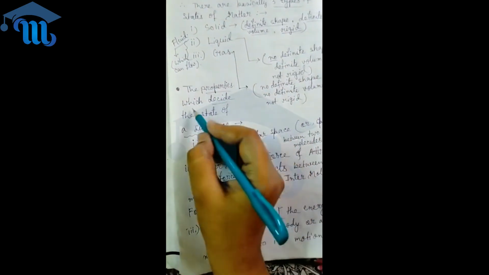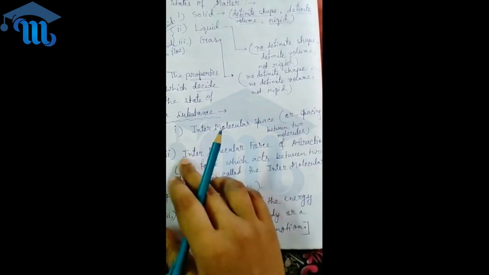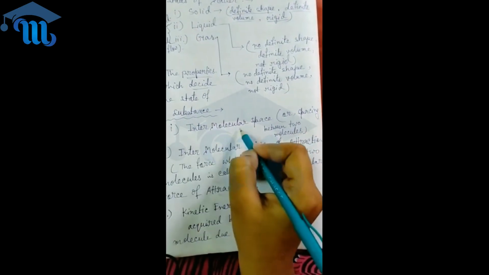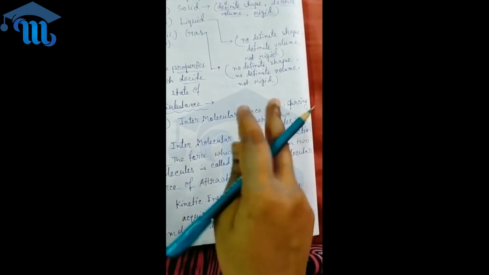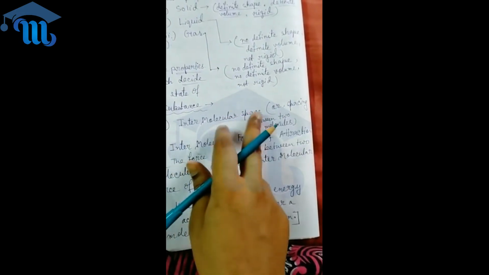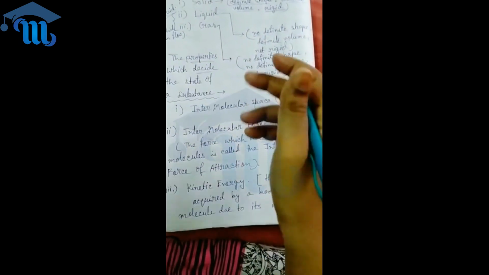So what are the properties which decide the state of a substance? The properties are intermolecular space. What is intermolecular space? The spacing between two molecules is called the intermolecular space. Yes, we must say one thing. What is molecule?